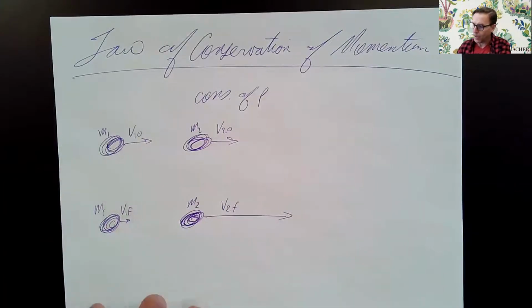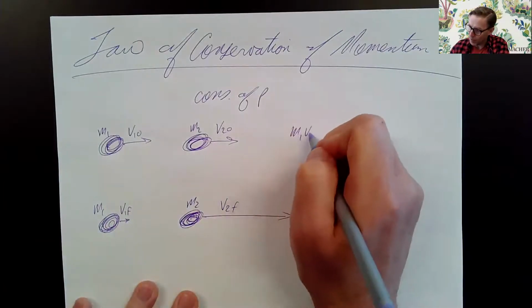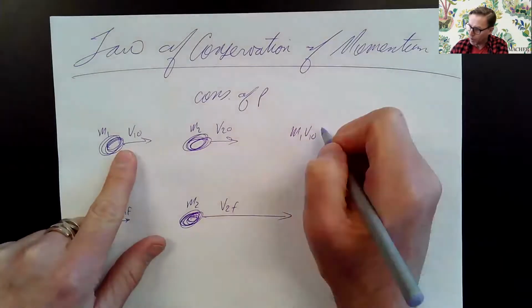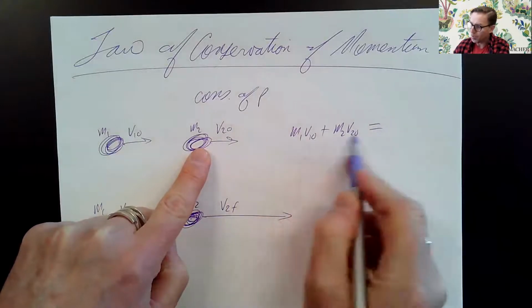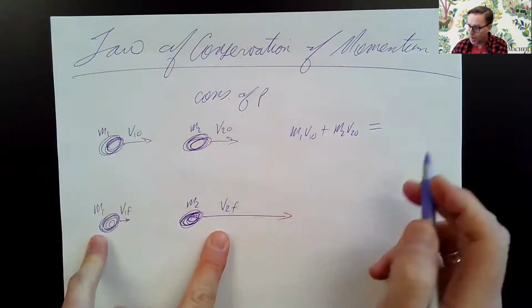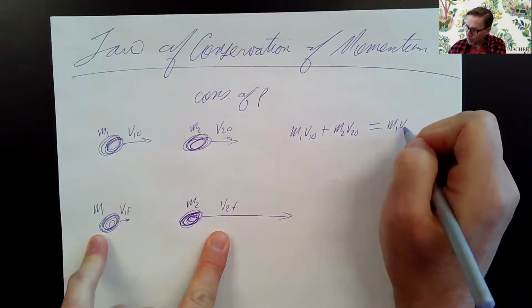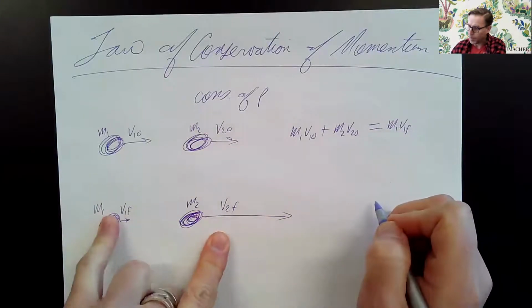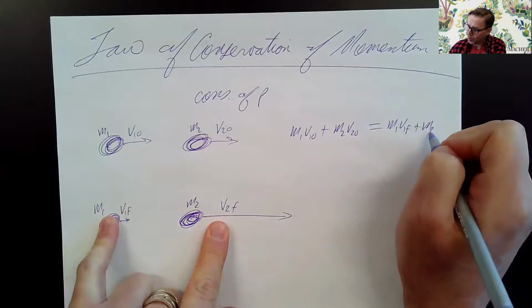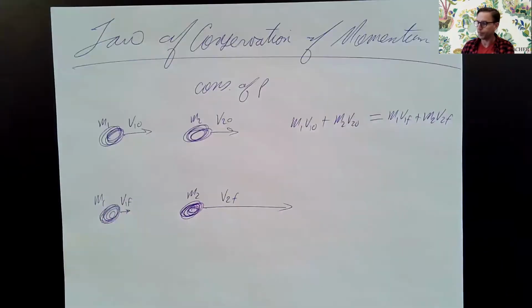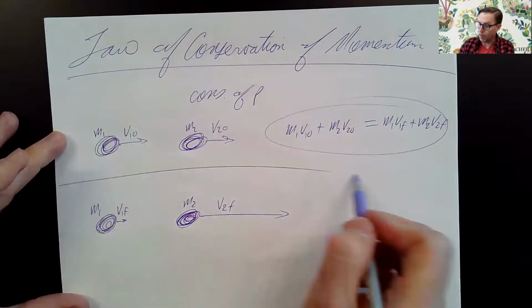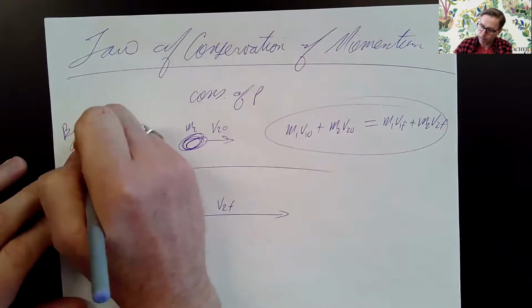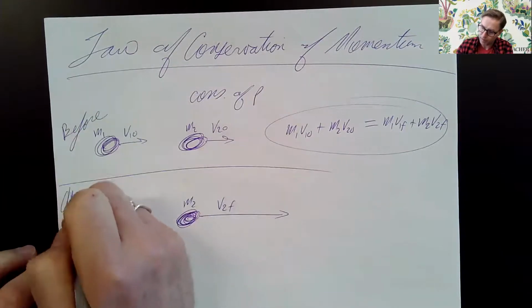So that gives us our equation: m1 v1 initial, this guy's momentum before, plus m2 v2 initial. That total momentum before equals this total momentum after, m1 v1 final plus m2 v2 final. That's the law of conservation of momentum. So this is before, and this is after.